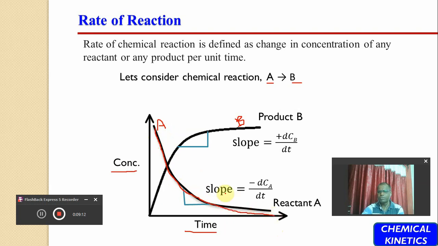It's very important because the reactant will react and be converted into product.